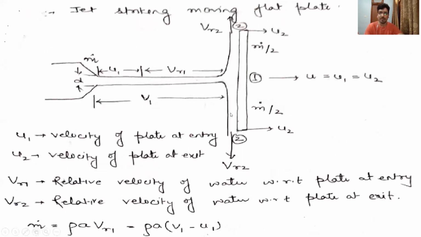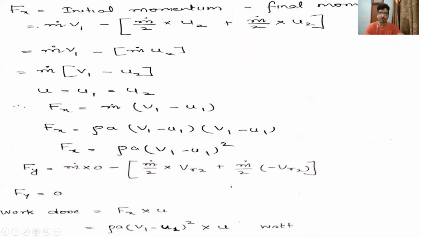Now what will be the final momentum? Final momentum will be m dot by 2 into Vr2. Now this Vr2 is in the opposite direction to the other Vr2. So it is m dot by 2 into minus Vr2, because one Vr2 is going in the upward direction and one Vr2 is going in the downward direction.